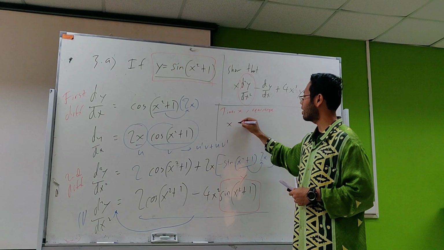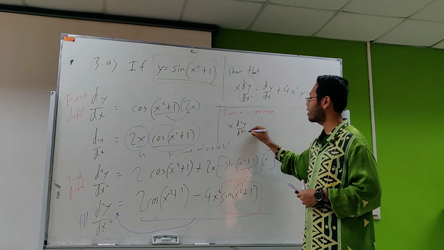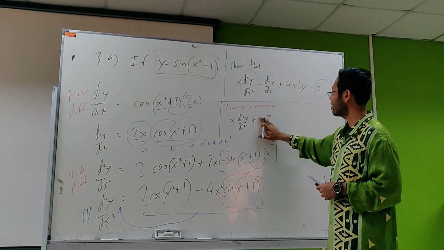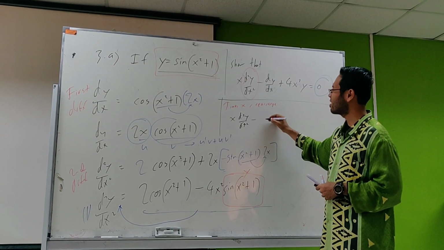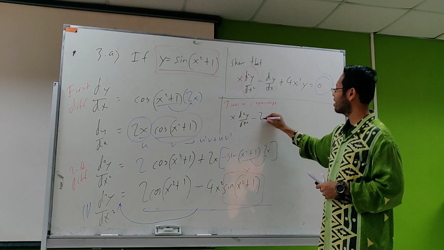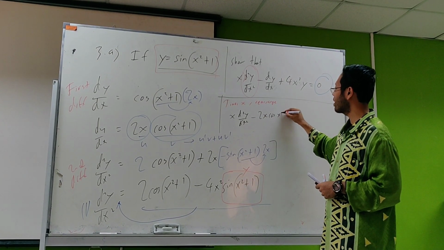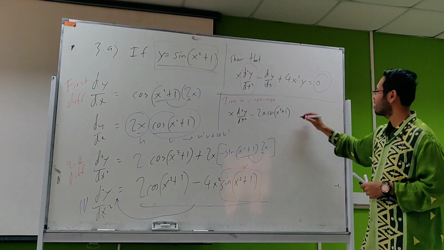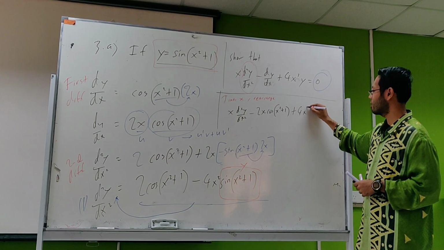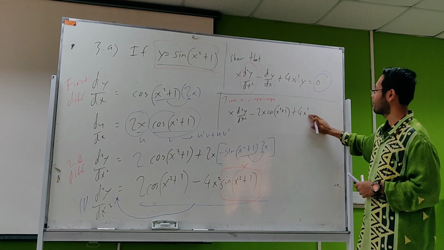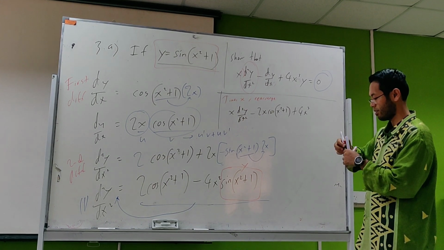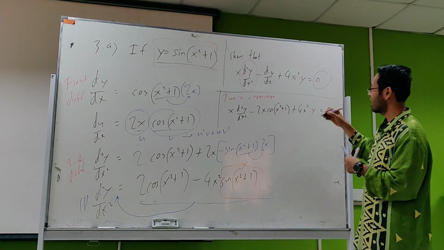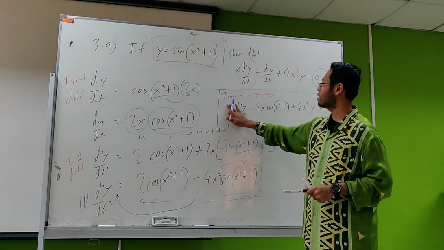We got ourselves x d squared y dx squared plus 4x. Let's start with minus first. Minus 2x cos x squared plus 1 plus 4x cubed y. Replace it with y. Maybe I should show the x as well.